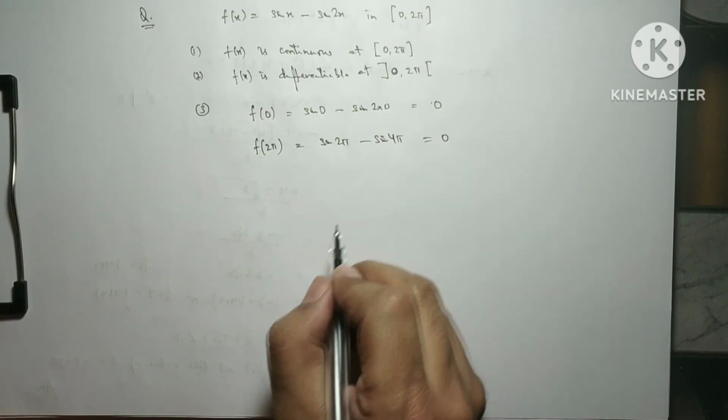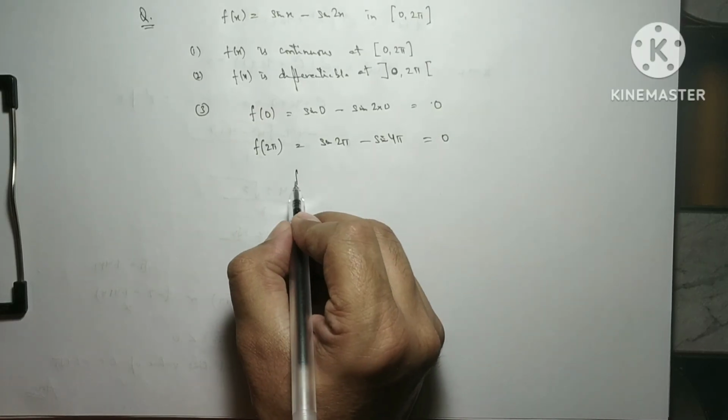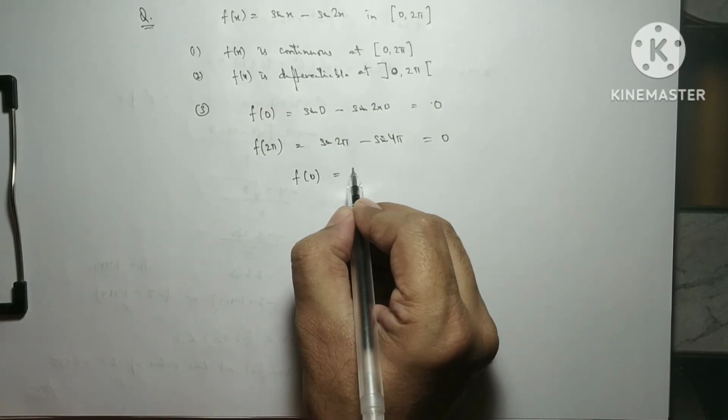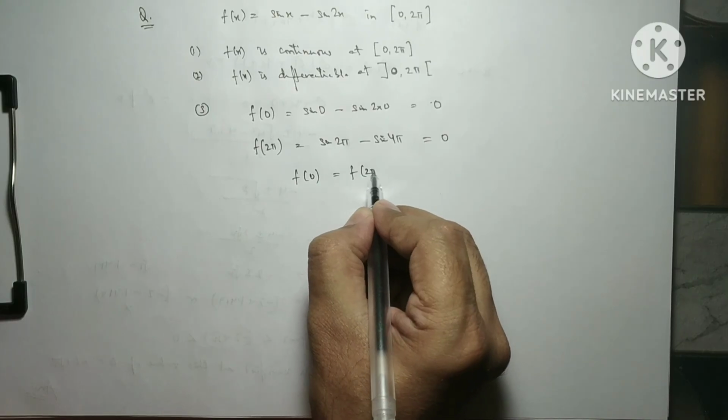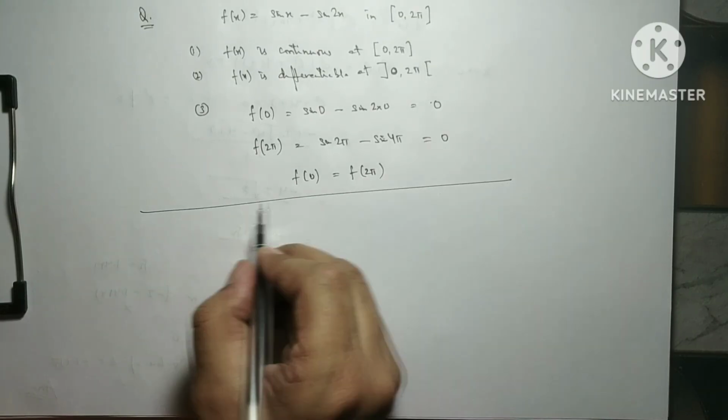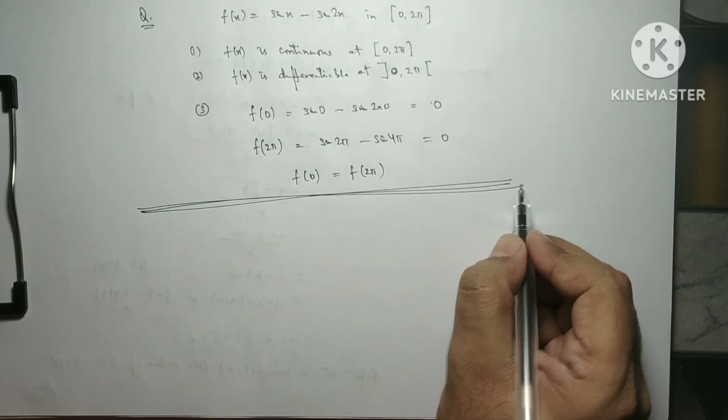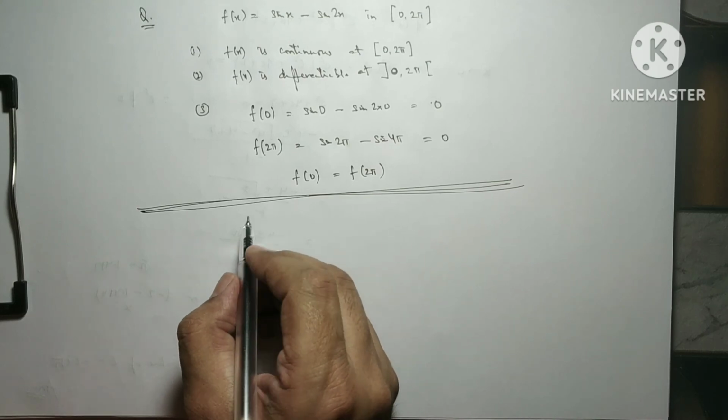Again these values are 0. So f(0) equals f(2 pi). So all three conditions are satisfied.